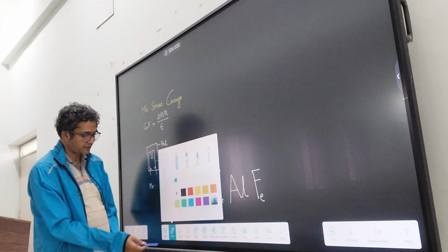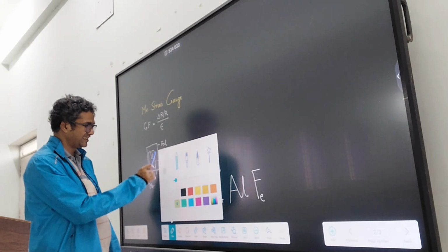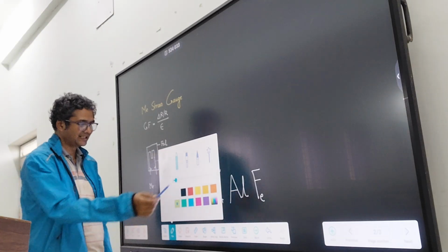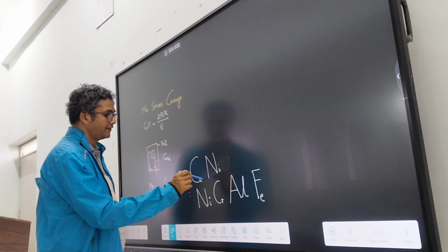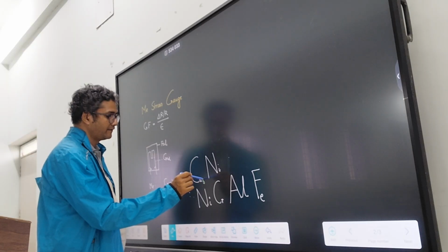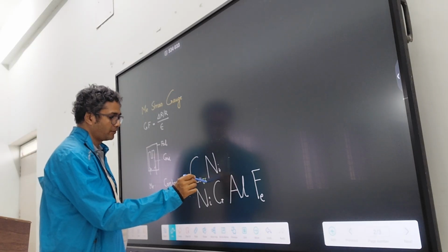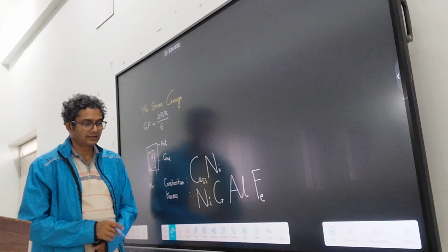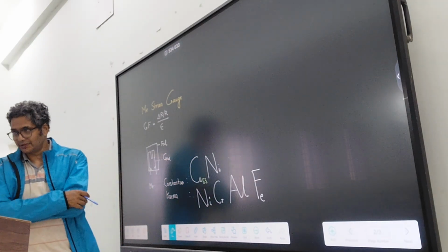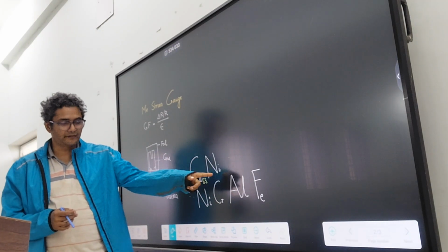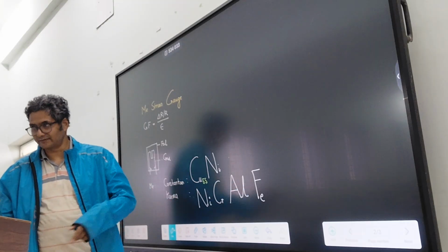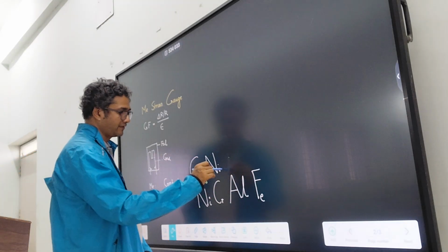What is the concentration? This 55 is copper, and how much should be nickel? If it is 55, how much should be nickel? 100 minus 55, which should be 45.